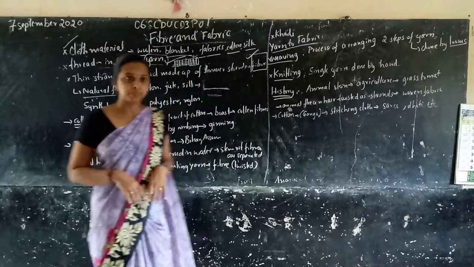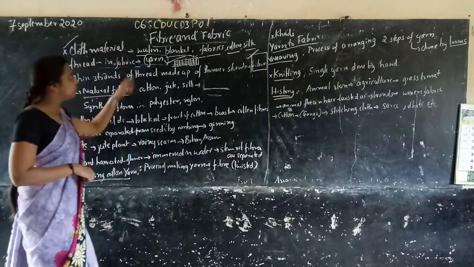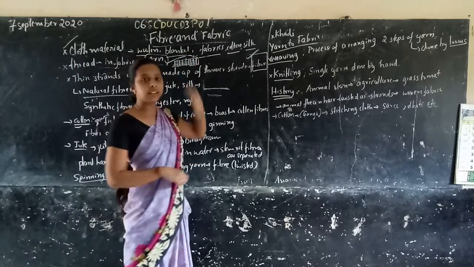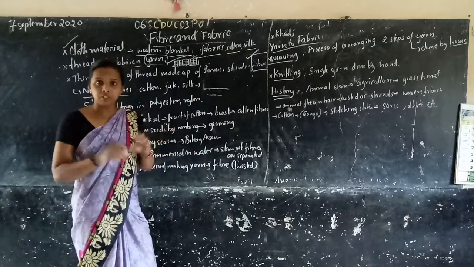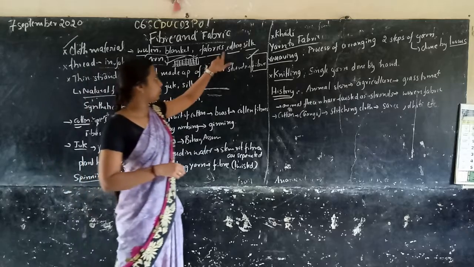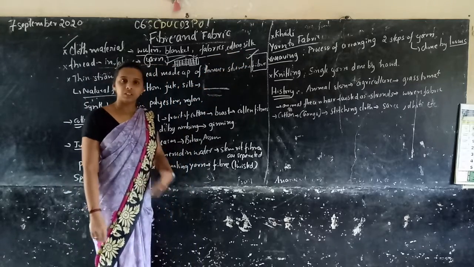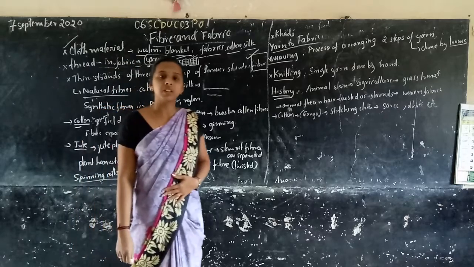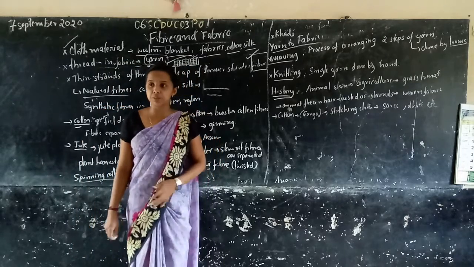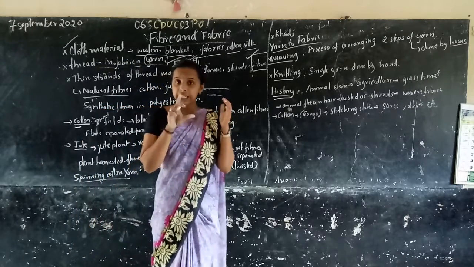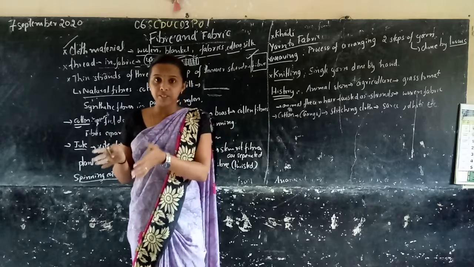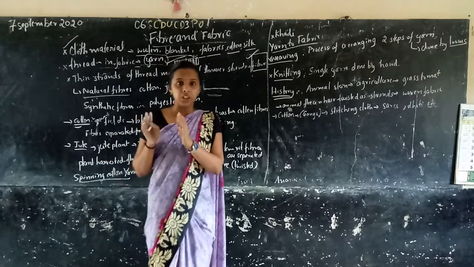Woolen blanket is made up of some rough materials, fibers, cotton, silk, right? So why do we use different types? Because of a certain reason or a particular season.